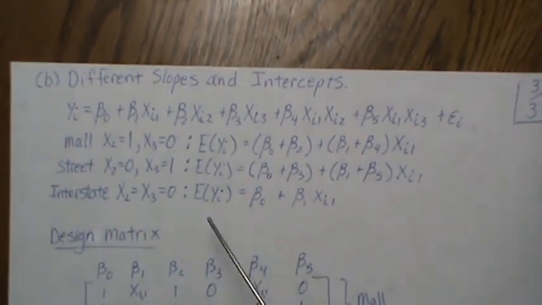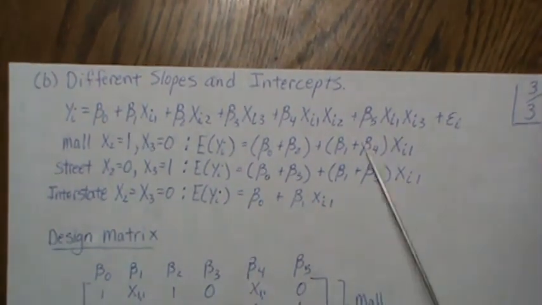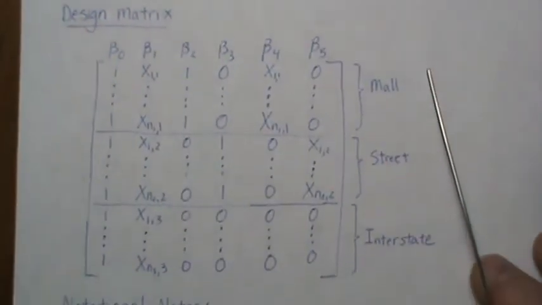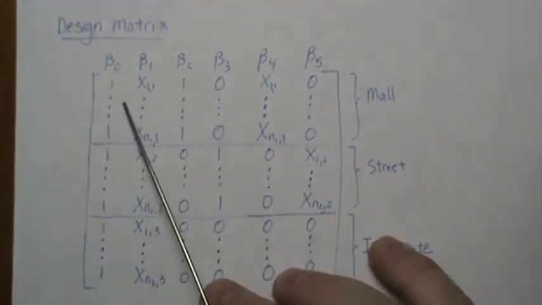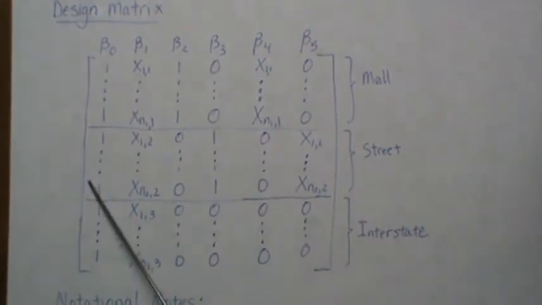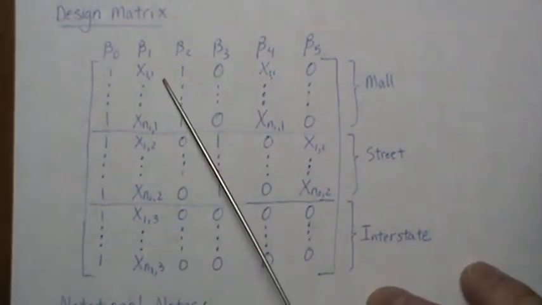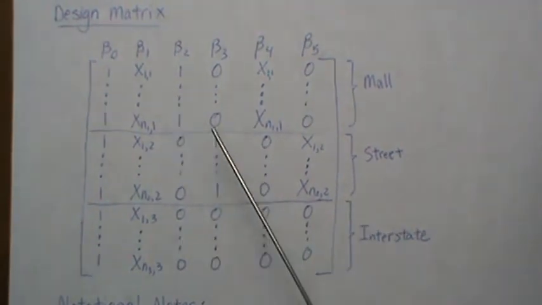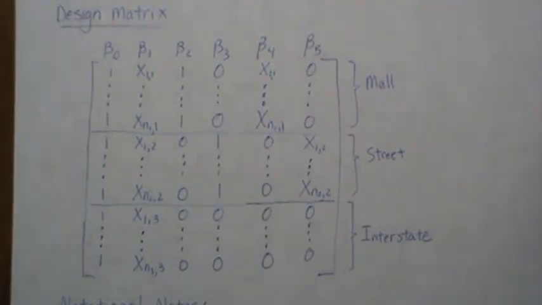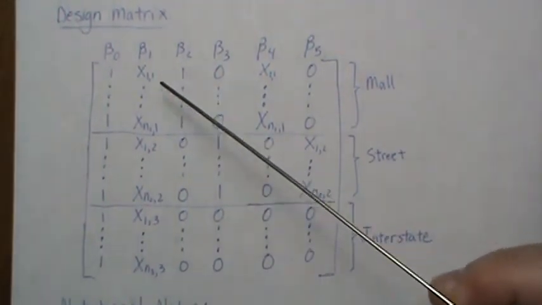But let's look at the design matrix for this model. And this is it. Here the first column, of course, is all 1s, corresponding with beta 0. X1, or beta 1, deals with the number of households in a restaurant's location.